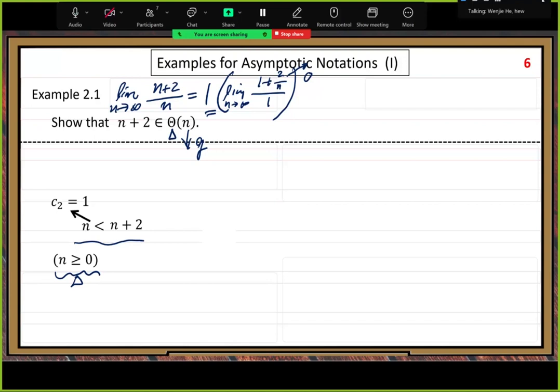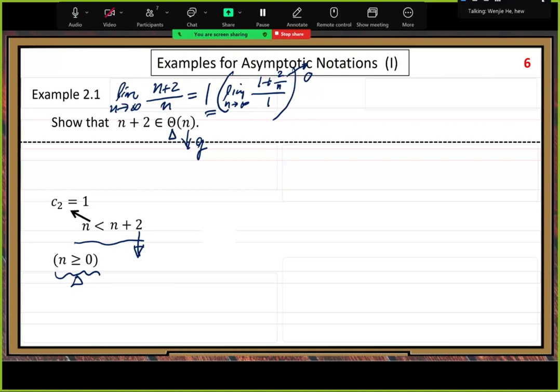How to find the C1? Here, n plus 2 is less than a constant multiple of n, C1 times n. So here we need to do a little more work, because we need to change this constant term 2 into a constant multiple of the n term.